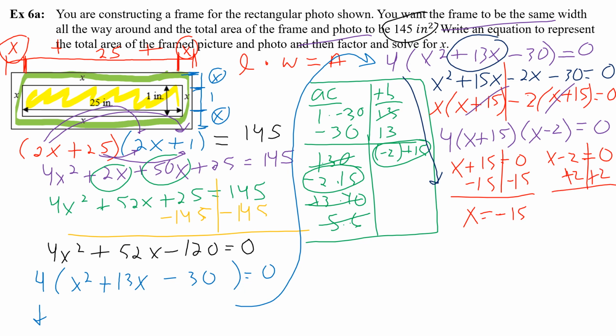Turns out x is equal to 2. Those would be our two answers. Now, technically they're both answers. However, x represented the width of the frame. You cannot have a negative width. So the final correct answer, x equals 2, is our final answer.